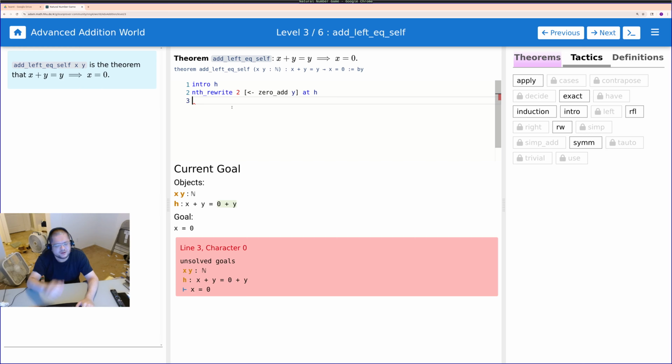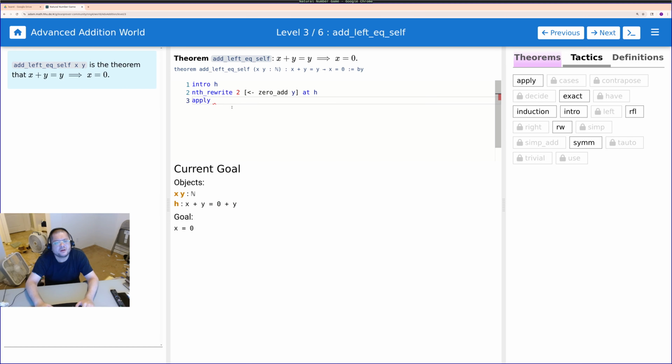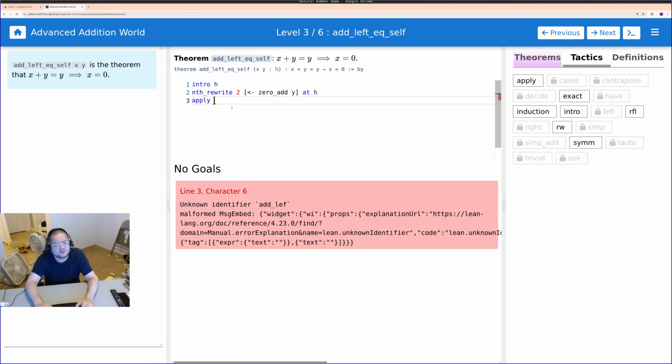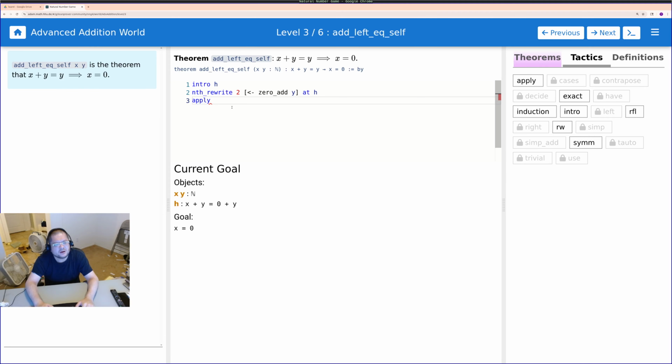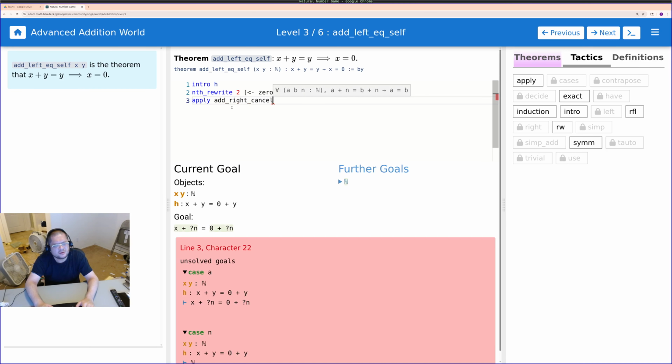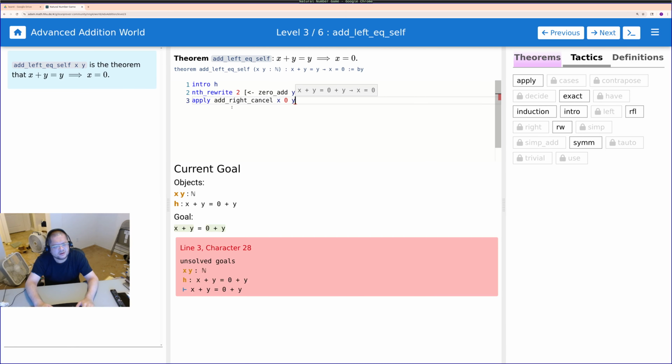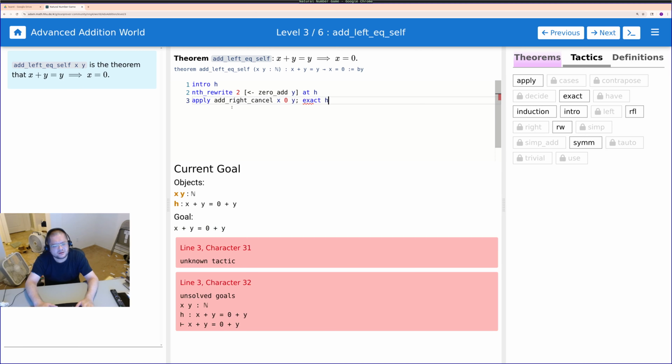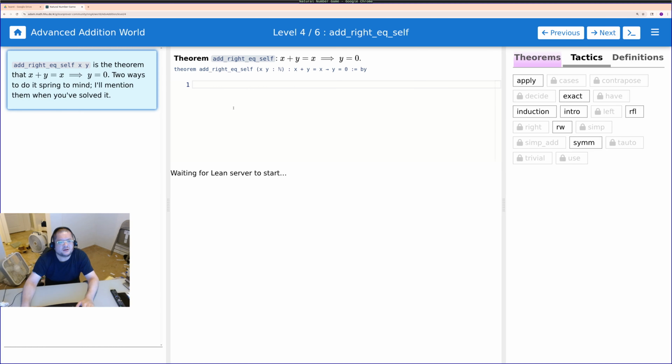And we're going to apply add left, which one do we apply? Add right cancel to x0y and fact H. Great.